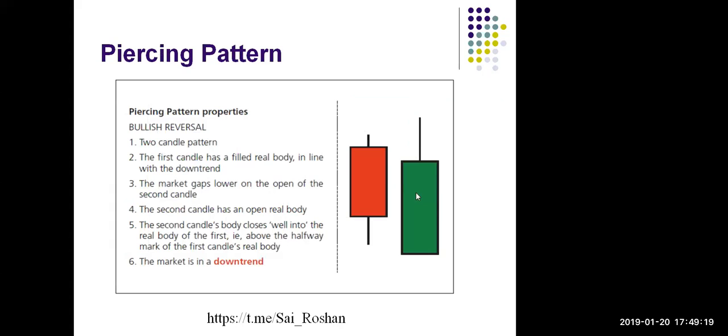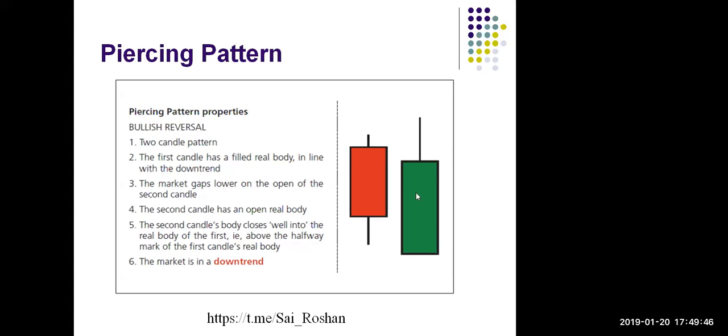Exactly opposite of it is what is called a piercing pattern. So what does this mean? It means there is a downtrending market, and the first candle also indicates the same. Second candle opens gap down, but then from that time onwards the bulls will take over, and you could see that the bulls have dominated over the bears, and it could close beyond the half of the first candle.